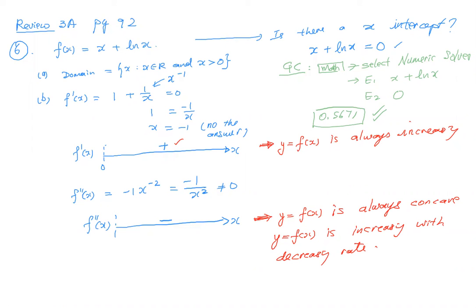Okay, so now when I sketch the f x graph, it passes by here, 0.5671, always increasing and concave. So the graph goes like that.